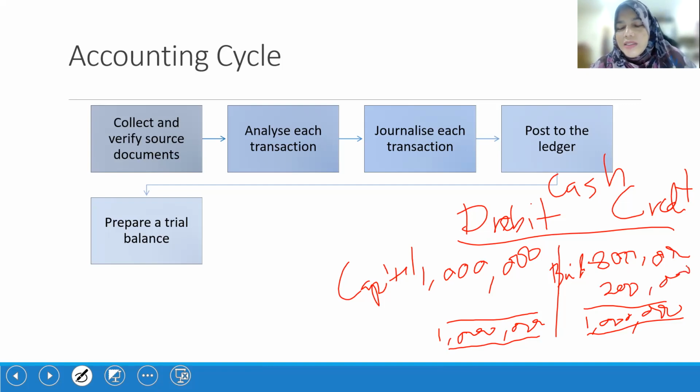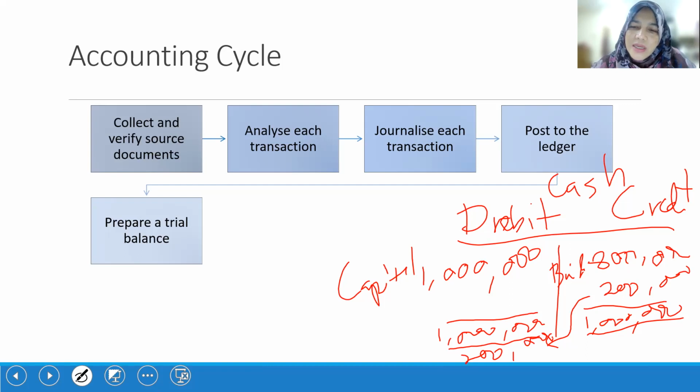So the balance of cash now is 200,000. And from this figure, it will be brought here. This is how to close the account.